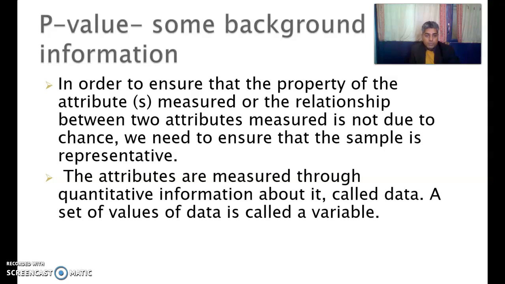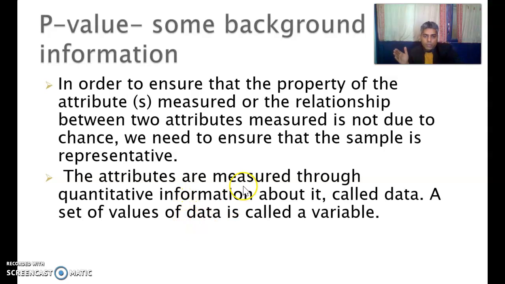There are 100 apples, and you can imagine that the attributes, size and the color of those 100 apples, are likely to vary. So we are supposed to get 100 values, if we consider the population, or if we consider the sample, we'll get at least five values of size and five values of color on this particular data set or sample set of apples. So a set of values of data is called a variable.